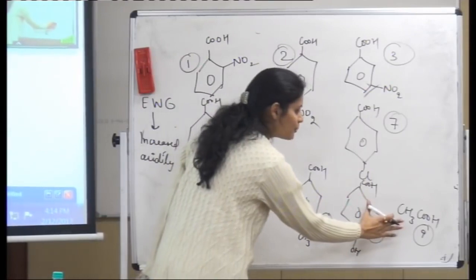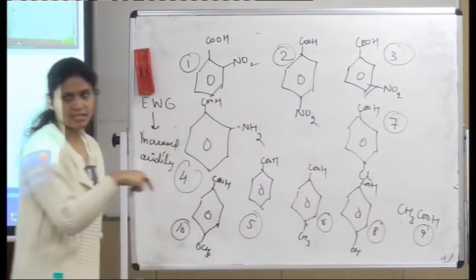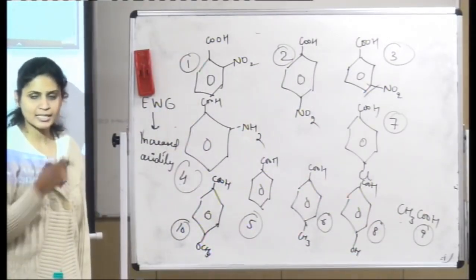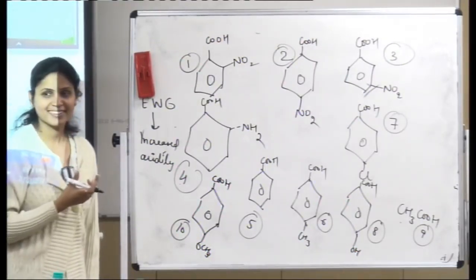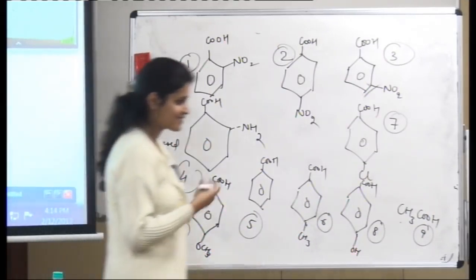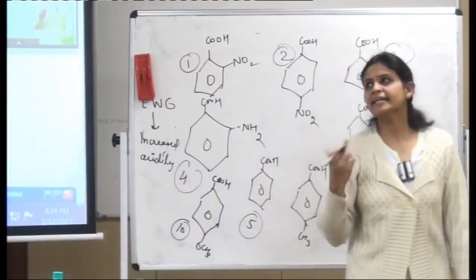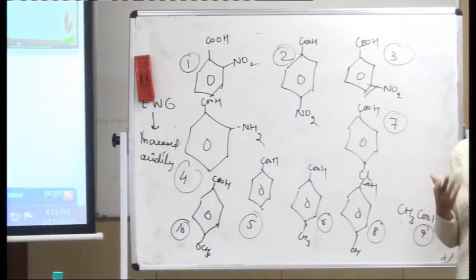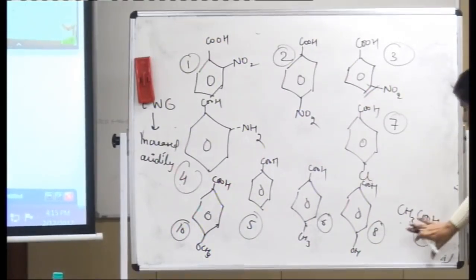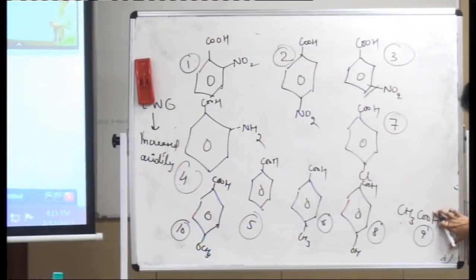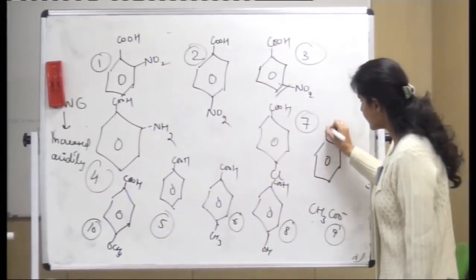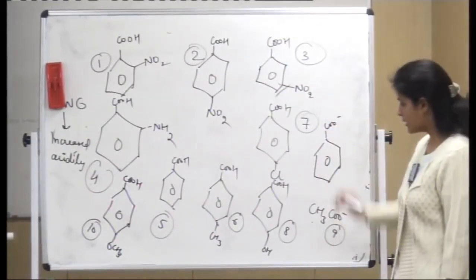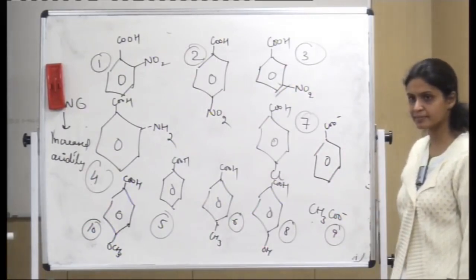Okay, if I want to compare aliphatic and aromatic acids, which is a strong acid? Think. Due to resonance, everything gets stabilized. In aliphatic compounds, if I remove this proton and I get COO minus, in which case can resonance take place?